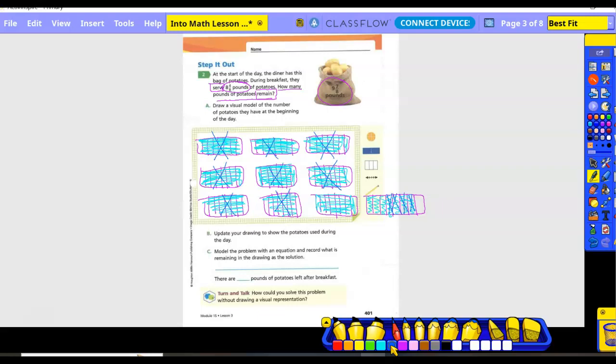How many whole boxes am I left with? 1. So 1 whole. And then how many 1/8 strips am I left with? 3. So 3/8. So there are 1 and 3/8 pounds of potatoes left after breakfast.